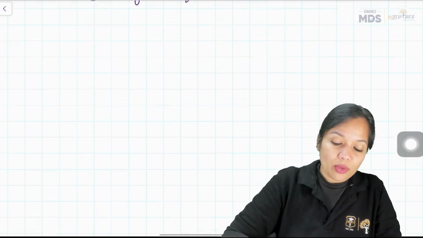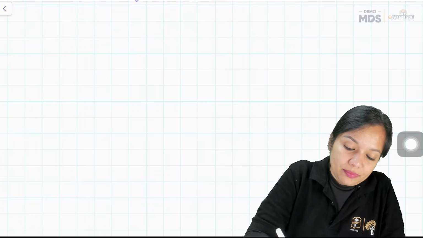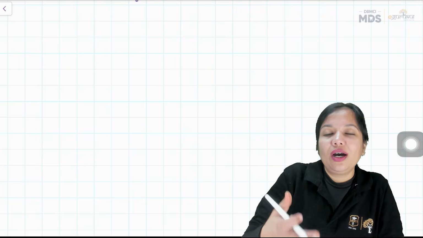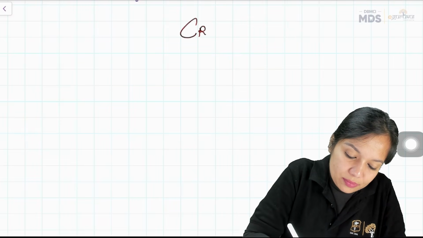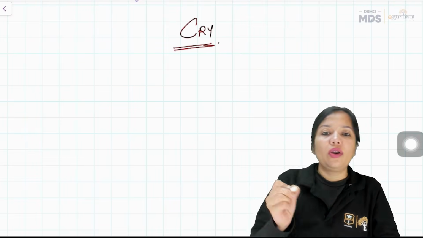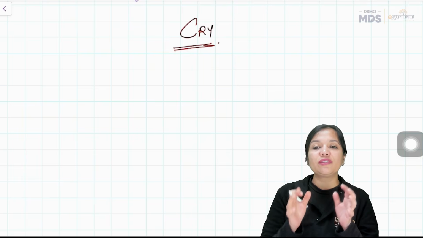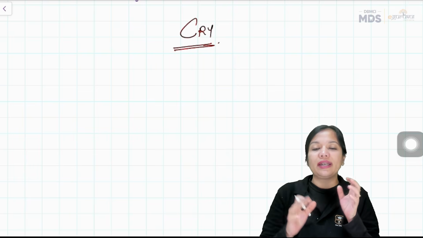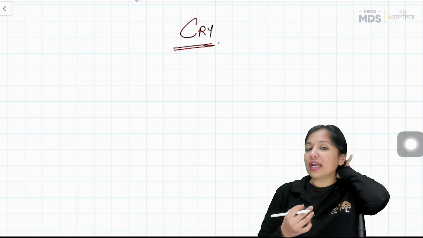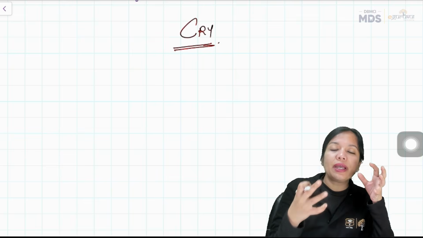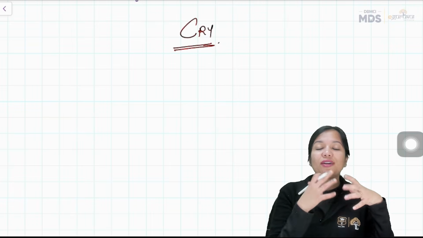Let us now come down to the next classification, that is cry. The next type of emotion is cry. The most common way a child expresses fear is by crying at a dental office. How does a child express that he is scared of whatever is in your hand, of what you're going to do?